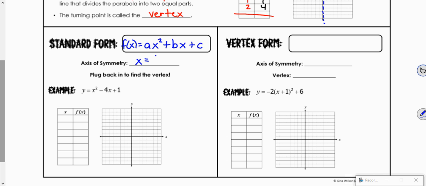It's x equals -b over 2a. And that is also the x coordinate of your vertex. Then you plug it back in to find the actual vertex.